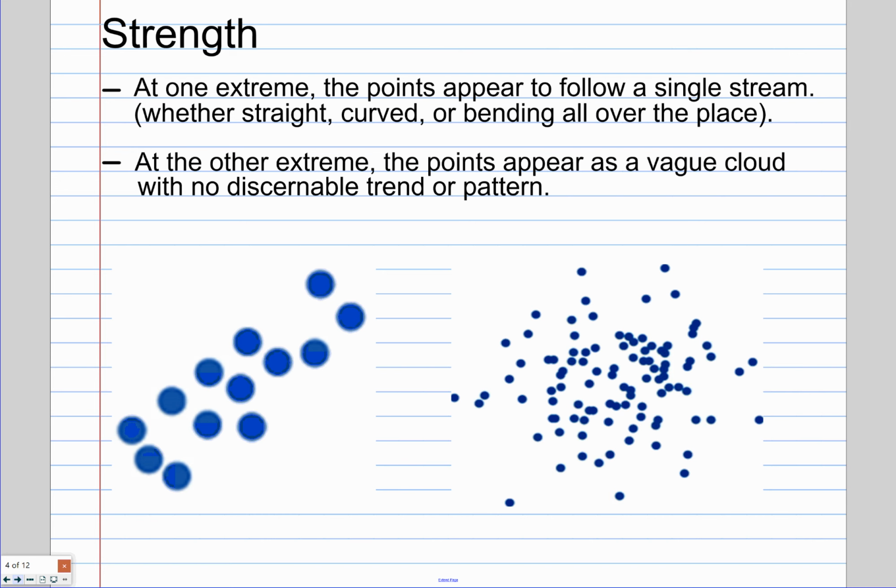This is not really strong at all because it doesn't look linear, and there's no discernible idea of what's going on. So this would be weak. Anything in between, you're going to use moderate. I'll show you when we get to calculating what threshold I use for the correlation coefficient, in terms of how strong or how weak I think it is.